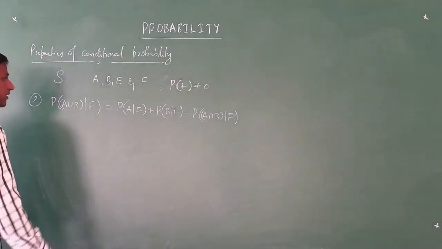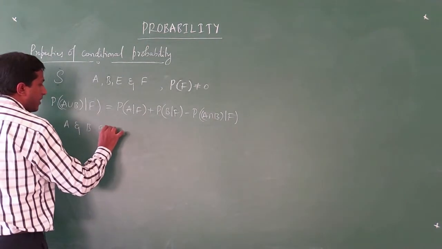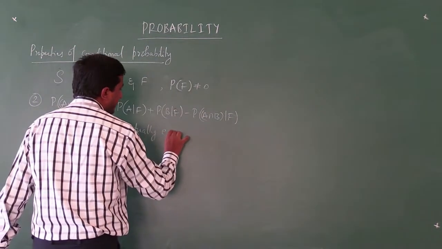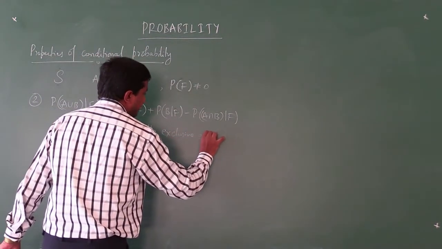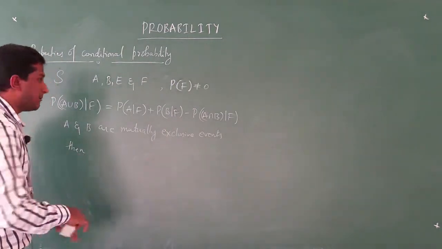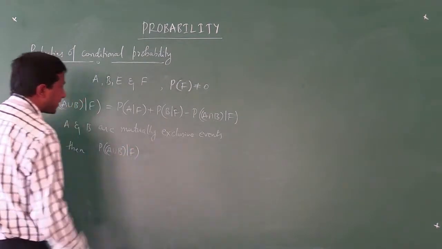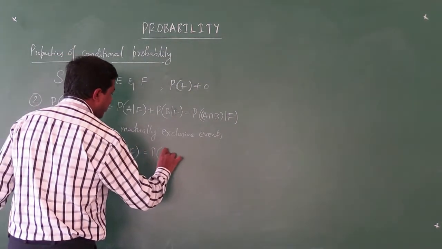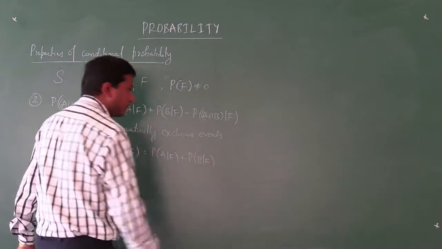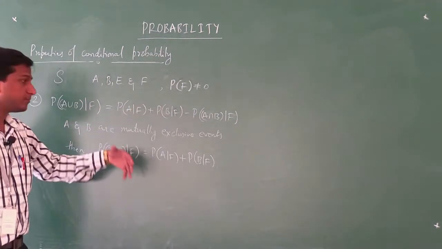One more special case of this result is that if A and B are mutually exclusive events, then this result becomes P of A union B bar F equals P of A bar F plus P of B bar F. The third term we will not write because the third term will be 0.